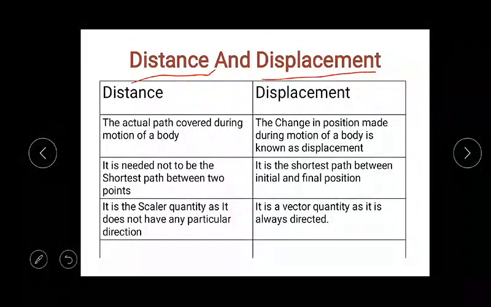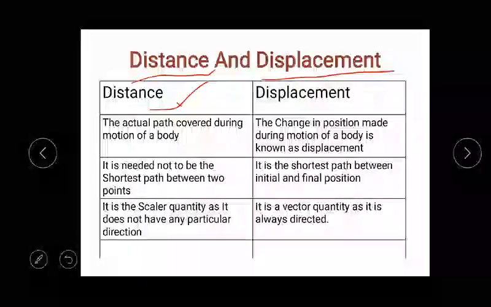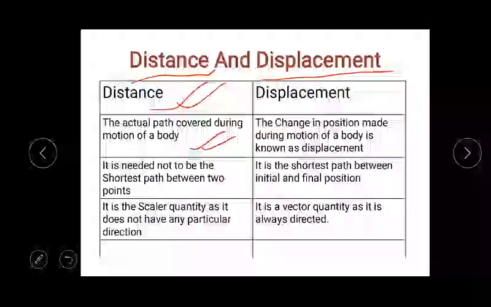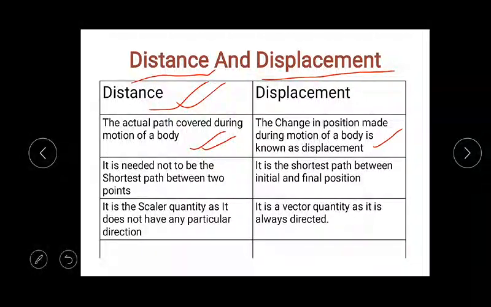Distance, when we define it, is the actual path covered during motion of a body, while displacement is the change in position made during motion of a body.